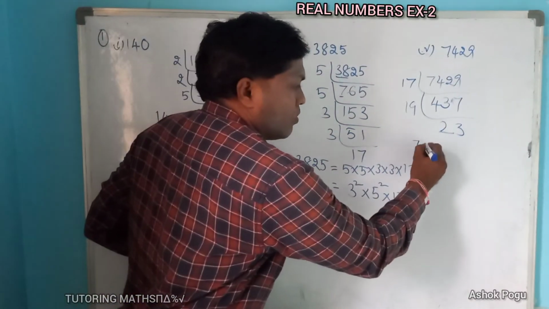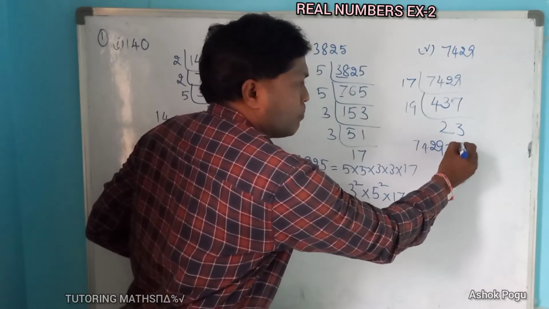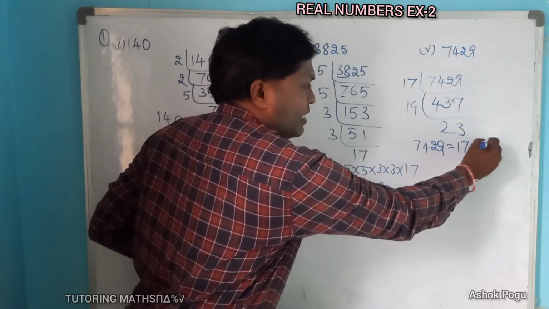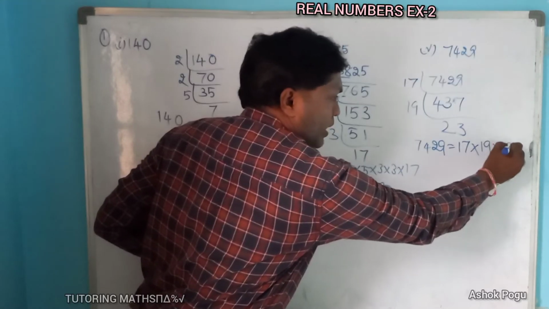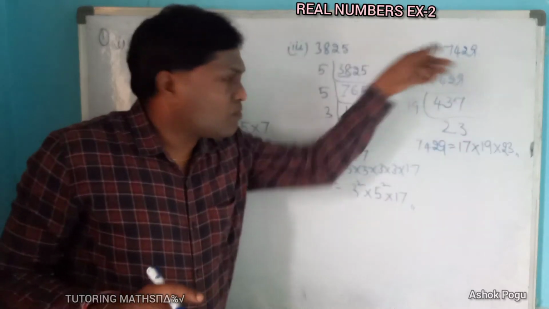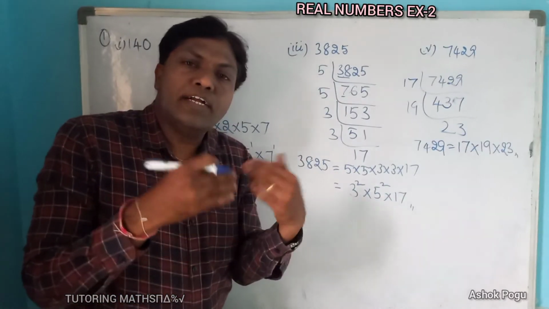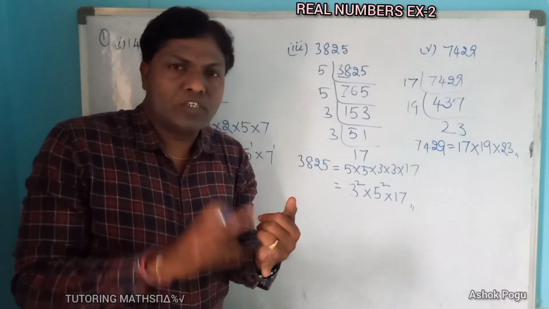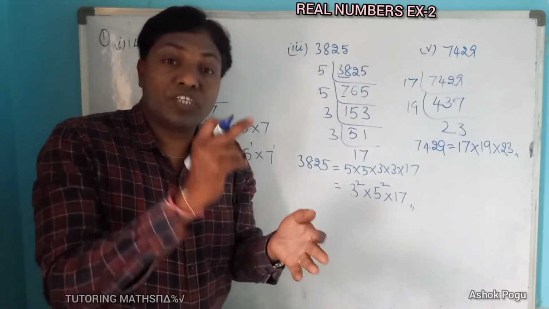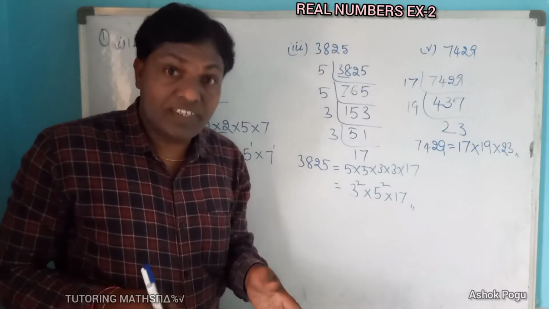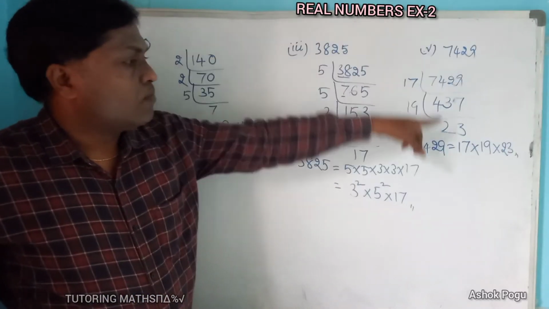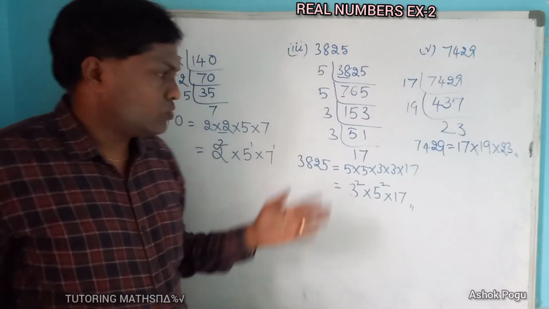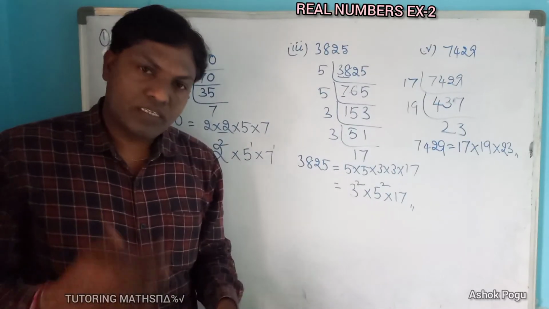Therefore, for 7429, the prime factors are 17 into 19 into 23. When you get this type of question, don't get confused and don't be disappointed. Check by 2, 3, 5, 7, 11, 13, 17. Finally we got the 17 table. So these are the prime factors of the given number. Just like this, we can complete some more questions.